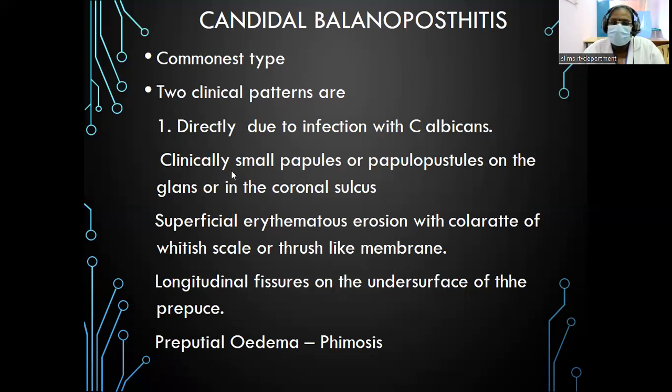Direct invasion is clinically characterized by small papules or papulopustules on the glans penis or in the coronal sulcus. Superficial erythematous erosion with collarette of whitish scale or thrush-like membrane will be there. Preputial edema will be there, later leading to phimosis.